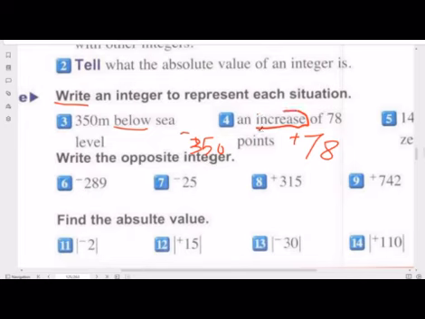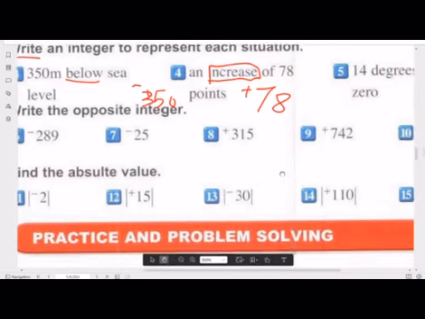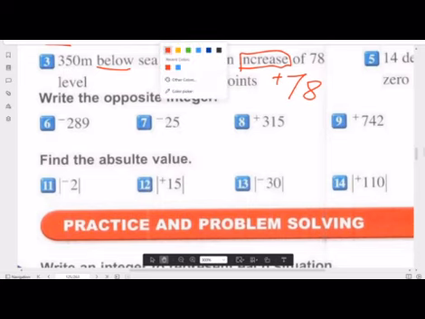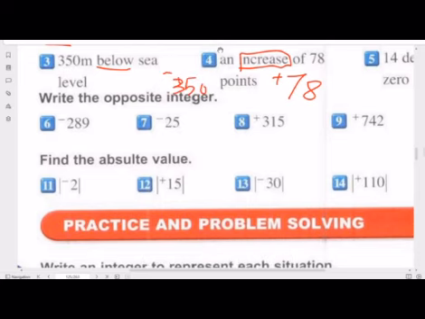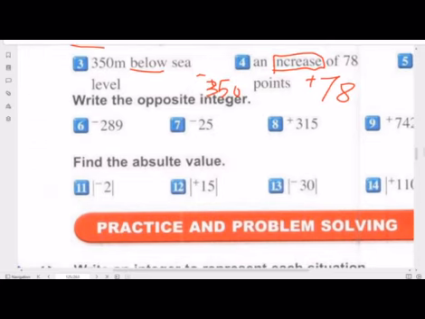Okay, it's like that. For each situation it has keywords. We know the keywords tell us positive or negative. And look at this one. This question says write the opposite integer.